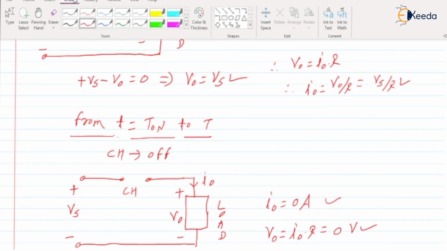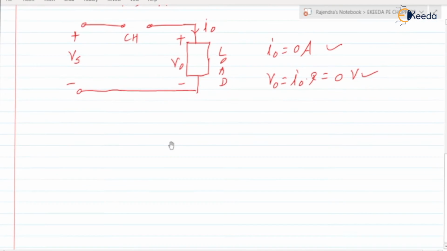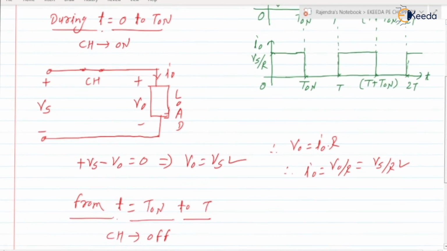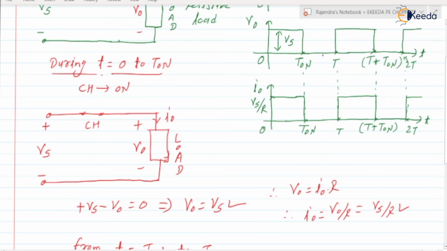Here V0 average is the average value of the load voltage. It is equal to 1 by T, since the total periodic time is T, integration from 0 to T. But what is the effective interval? The effective interval is 0 to t on.